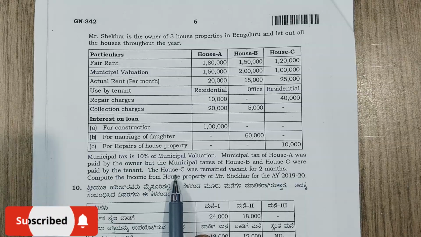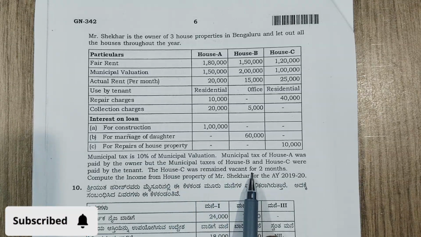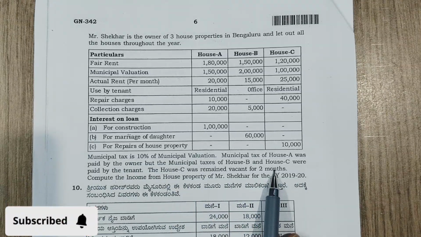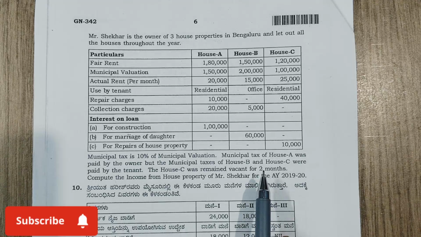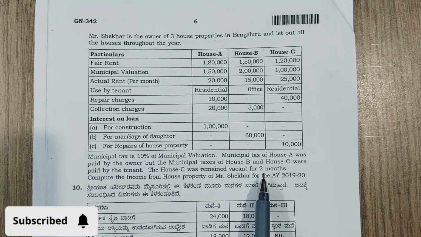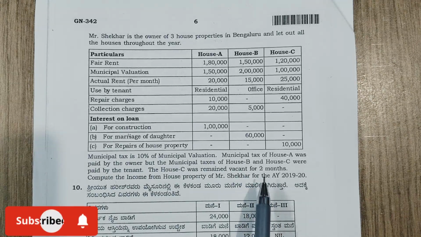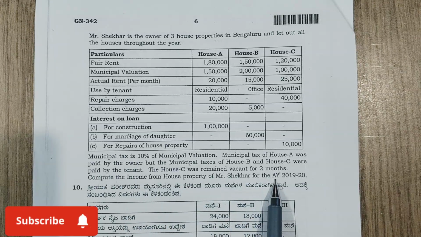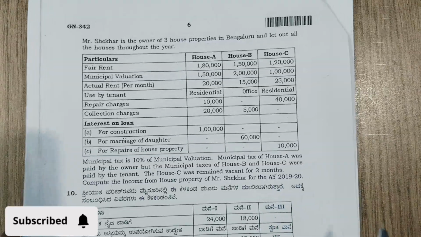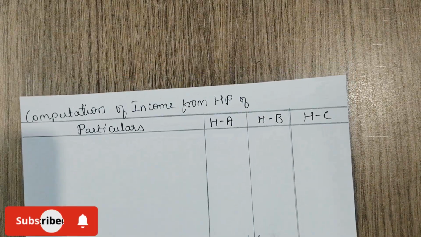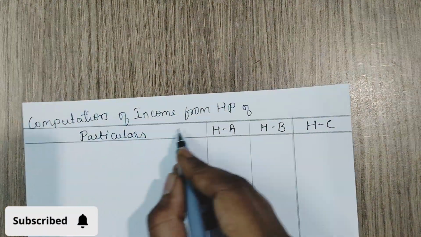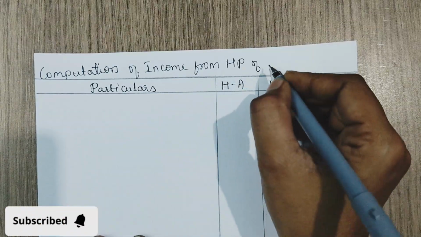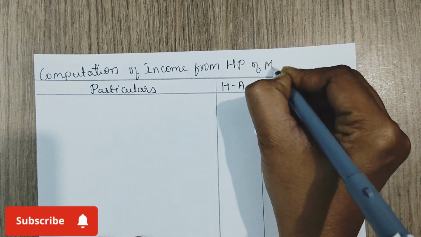Okay. House C remained vacant for 2 months. So this is the vacancy period where he did not receive any rent for these 2 months. Compute the income from house property of Mr. Shankar for the assessment year 2019-20.